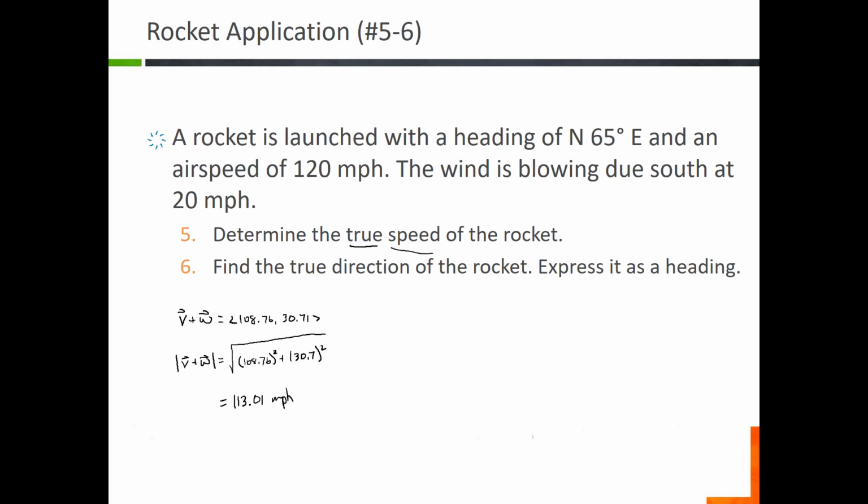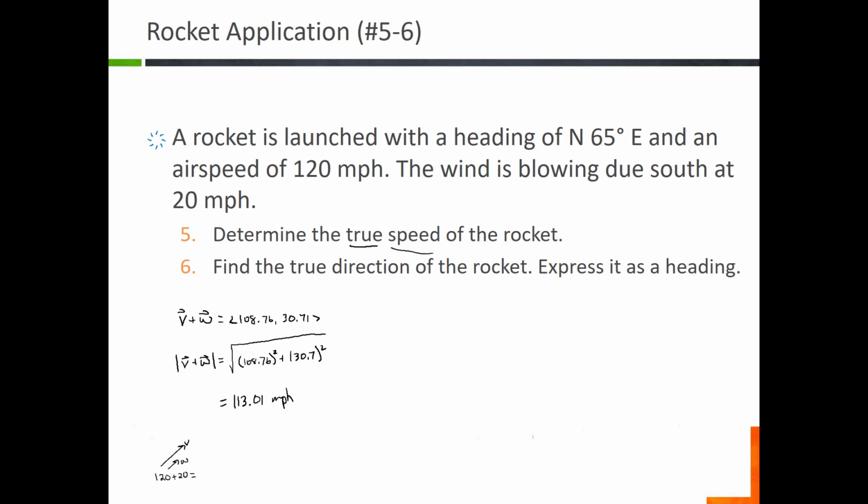Now, just to check whether that's a reasonable answer or not, let's look back at the original speeds we had. We had 120 miles per hour for the original rocket, and a wind speed of 20 miles per hour. If the velocities of the rocket and the wind were pointing in the same direction, at most we could have 120 plus 20.